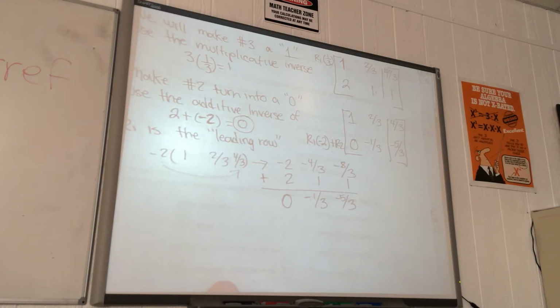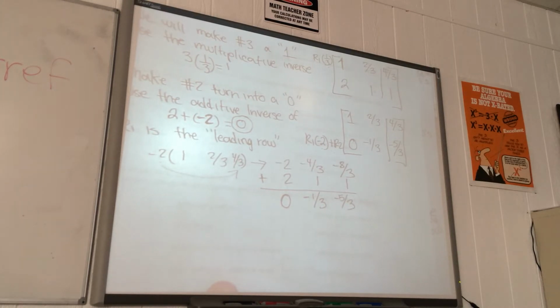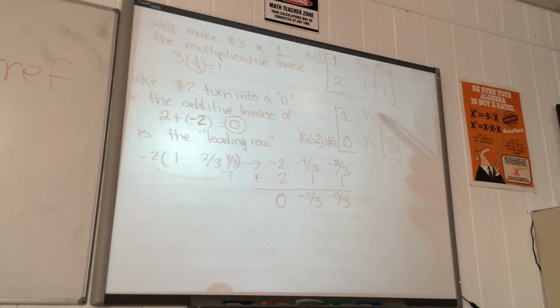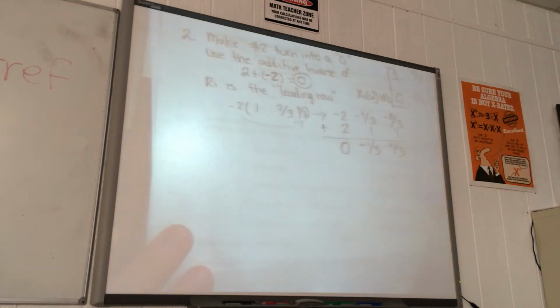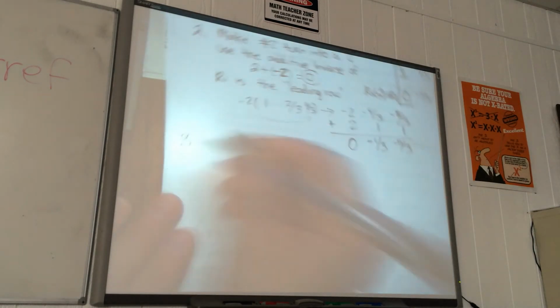Okay, so we are done with the first column. But what are we supposed to get on the left side of the augmented matrix? What is our goal? Identity, right? So now we move to the second column. But before we make this 2/3 into a 0, what do we need to do with this? Turn it into a 1. So to do that, that would be step number 3.